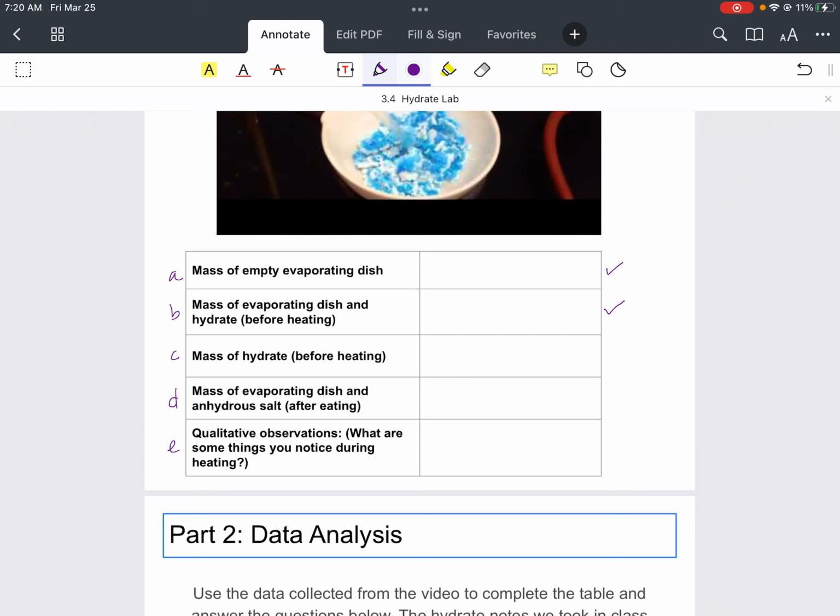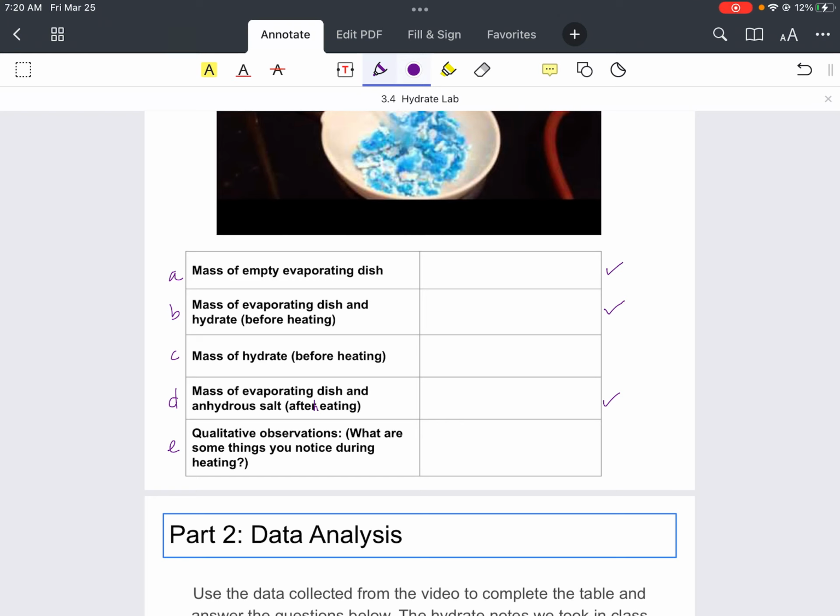So we want to heat it, and then after it's heated and all the water has been evaporated out, you'll take the mass of the dish with the anhydrous salt, and that should say after heating, not after eating.